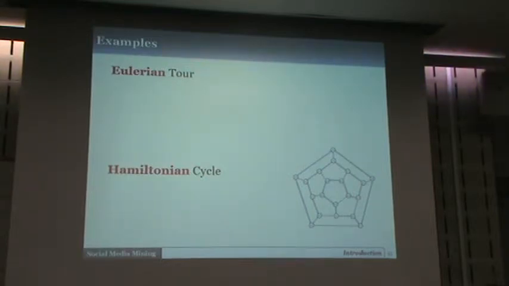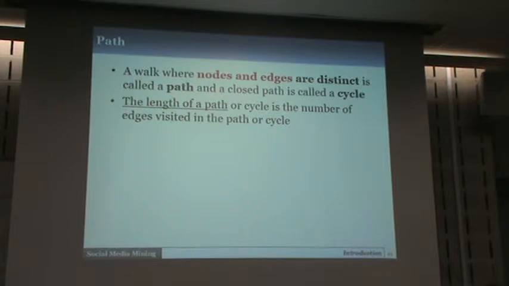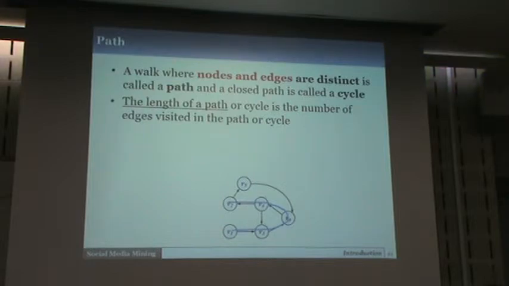Whether you can draw, you can visit. There's a well-known problem. I forgot the name of that. So it has the bridge and you can travel. I think there's a similar problem. So this, for example, is a path. The length of the path is you can count the number of edges that you visit.